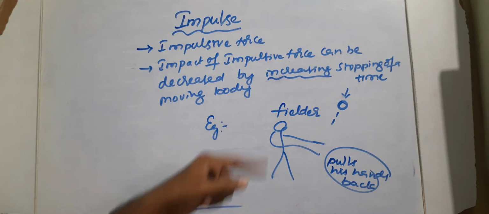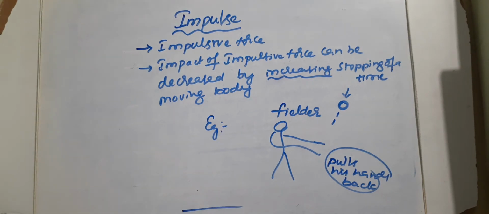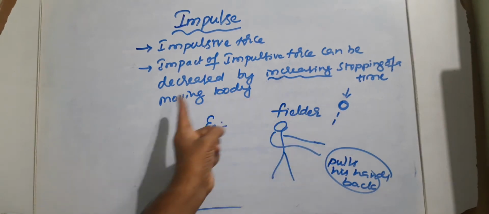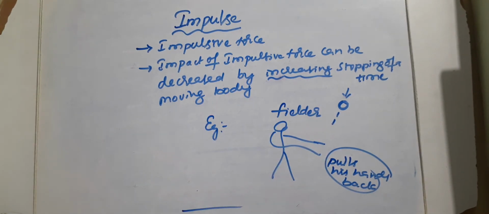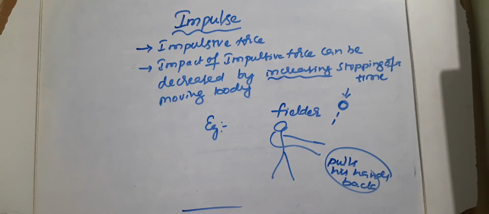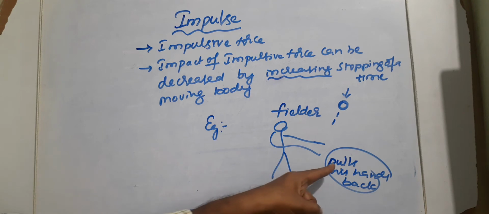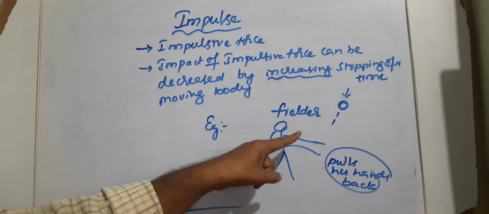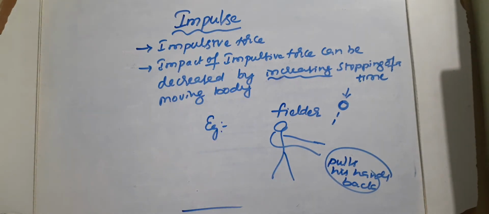So here we have taken an example, the catch by the fielder in the cricket ground. Consider this ball is a moving body with certain speed, and this person is a fielder ready to catch the ball. When the ball is coming towards his hands, he is pulling his hands back, meaning indirectly he is letting the ball travel for some more time, for some more distance in the downward direction.